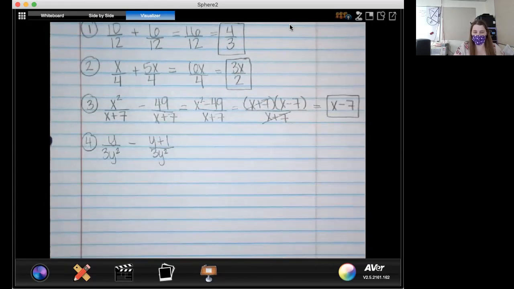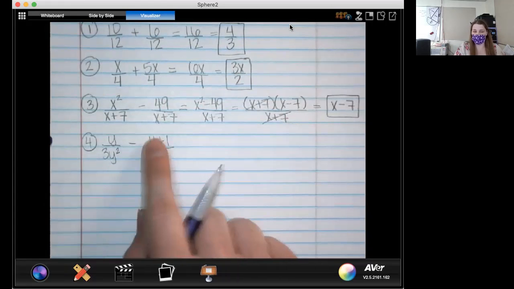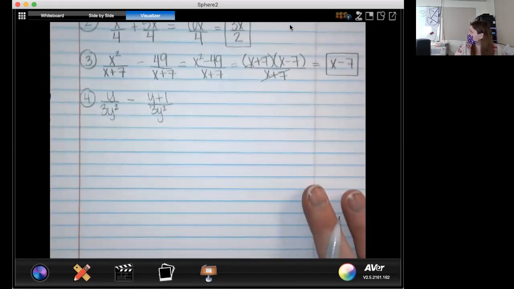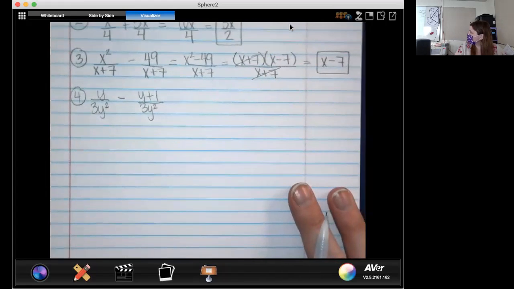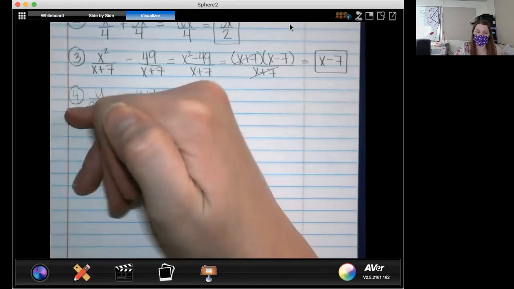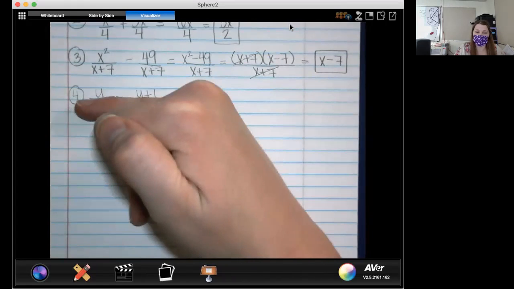Okay, what happens when we have to subtract multiple terms? Even if you weren't looking at the denominator, what would you have to do when you subtract multiple terms?